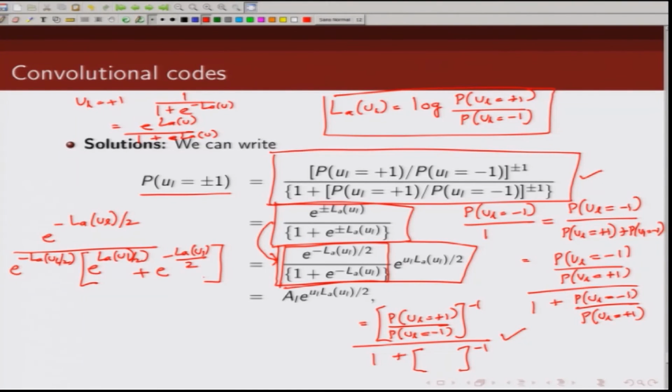So, what I am doing here is I am writing this particular term. So, this I can write as this and this. So, this cancels out and this is e raised to power x plus e raised to power minus x. This will be cosh of x and that is a symmetric function. So, it does not depend on sign of UL, whether UL is plus 1 or minus 1. So, I can then write this in terms of this expression.